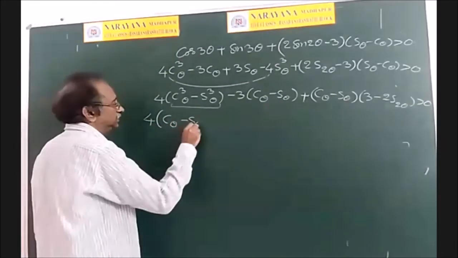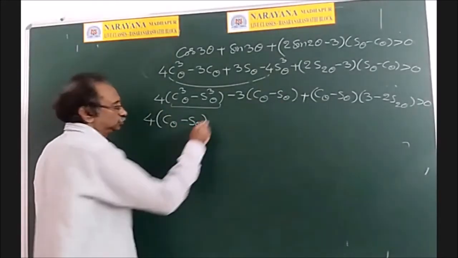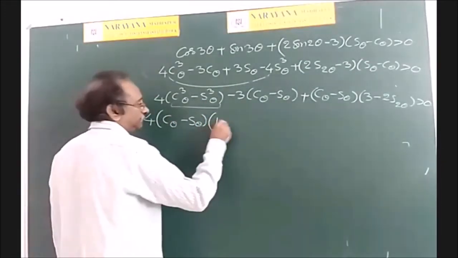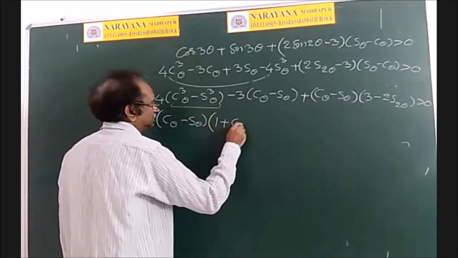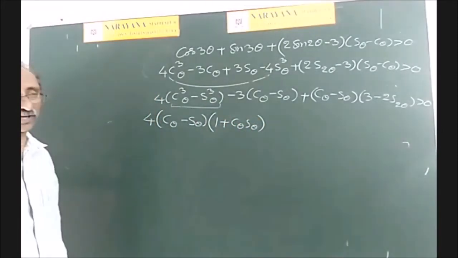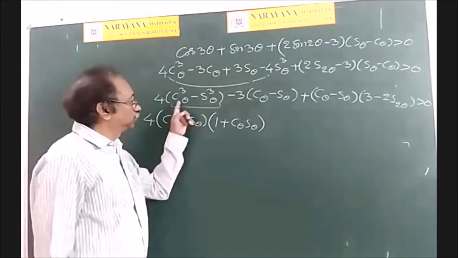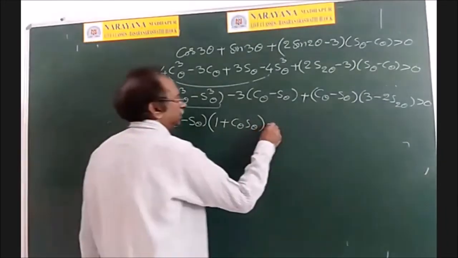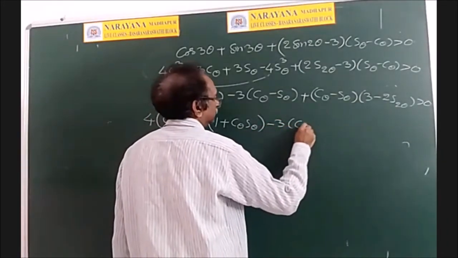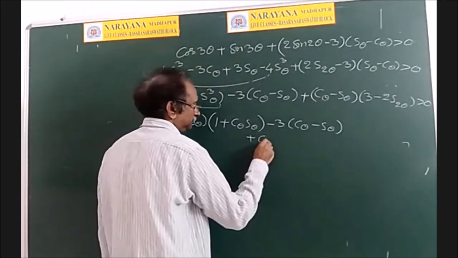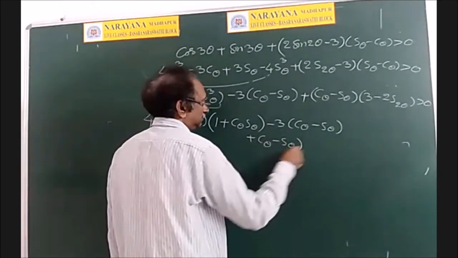A minus b into a square plus b square, that is 1, plus ab, cos theta sin theta. And this one, same, minus 3 cos theta minus sin theta. This also same, cos theta minus sin theta.